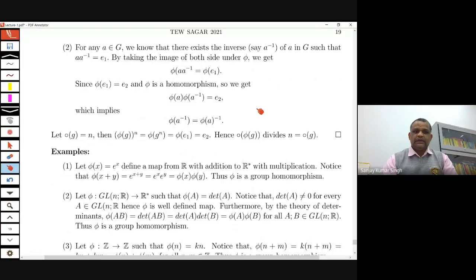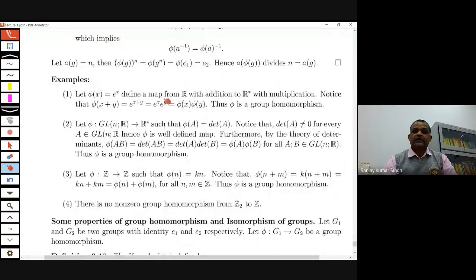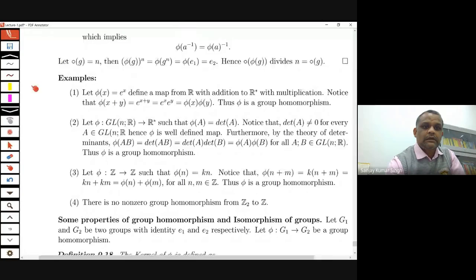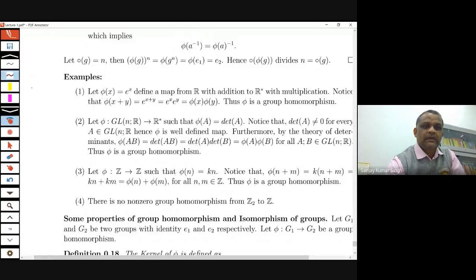And these maps I'm going to call group homomorphisms. For example, if I take R to R star, the map phi(x) equals e to the power x, then R is a group with respect to addition, R star is a group with respect to multiplication, and this map is a group homomorphism. Why? Because if I take two elements x and y and add them, I get x plus y, and the image under this map is e to the x plus y.